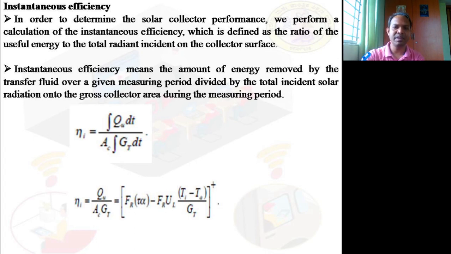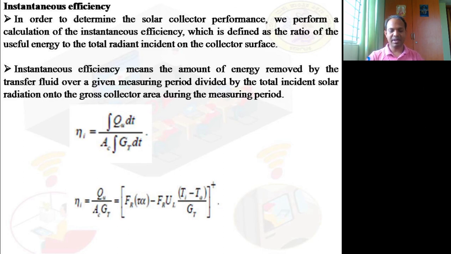Instantaneous efficiency means the amount of energy removed by the transfer fluid over a given measuring period divided by the total incident radiation onto the gross collector area during the measuring period. It is as simple as that.